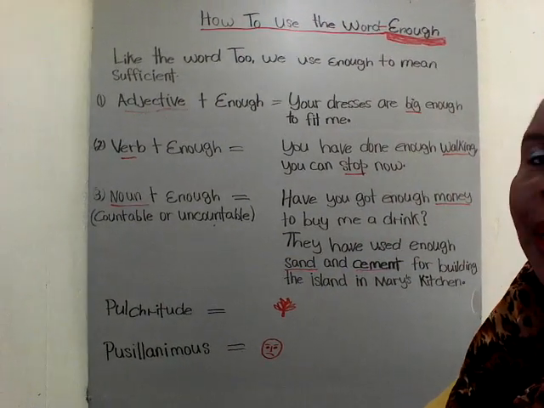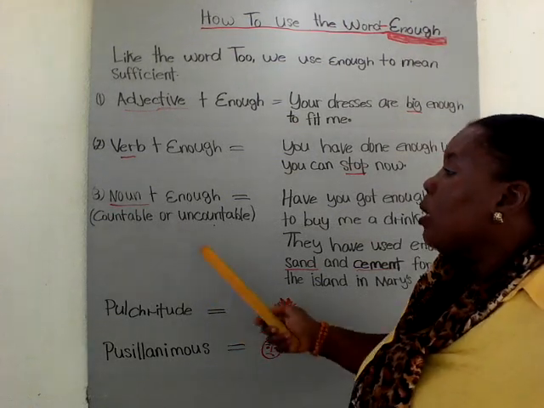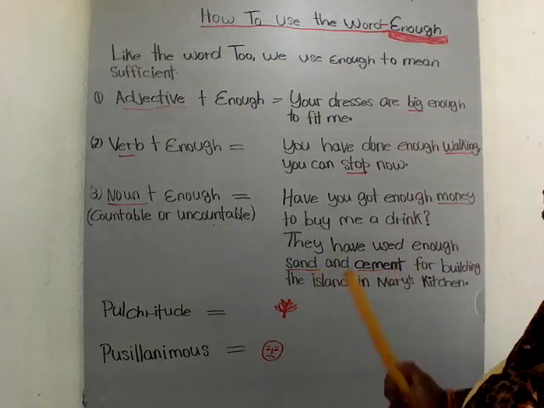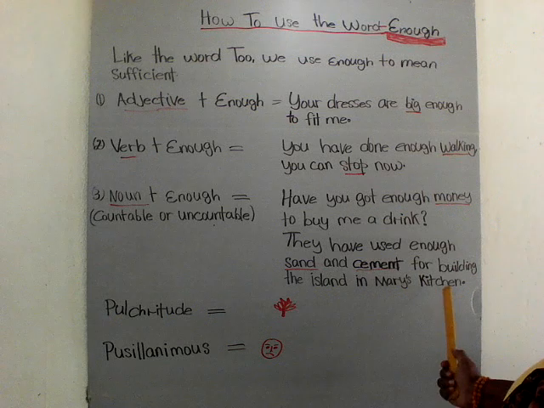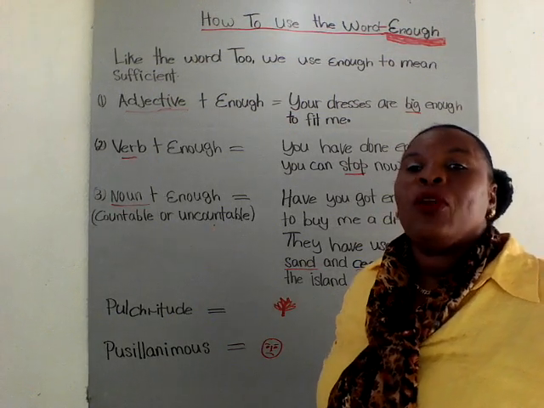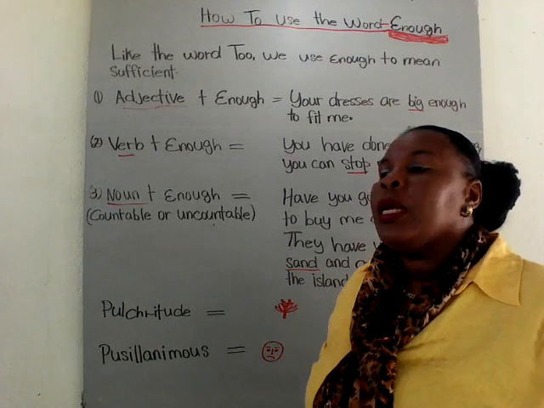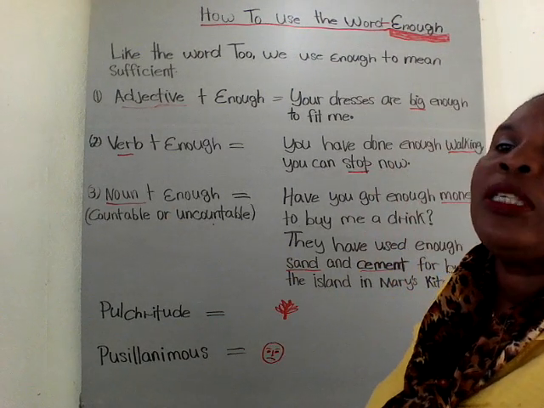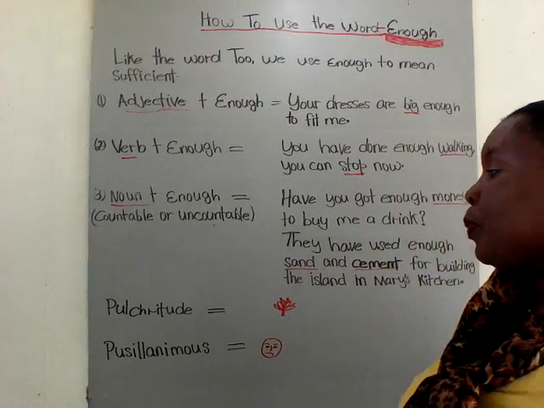It's a substitute for a dining table at times. So this is sand and cement for building the island for Mary's kitchen, and cement and sand are considered uncountable nouns. Money can be counted, so it is a countable noun.